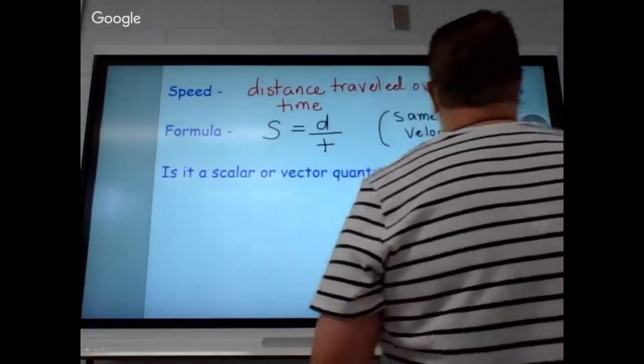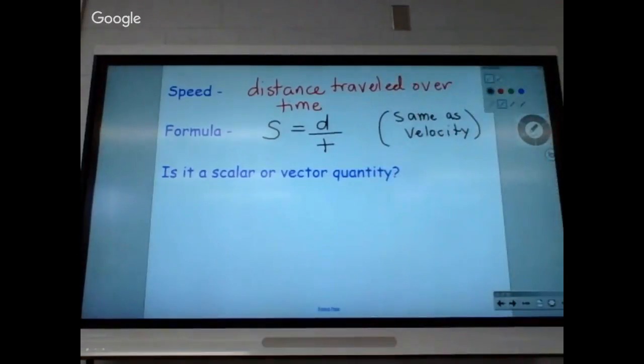So when we talk about velocity, hopefully late in class tomorrow, I will tell you that it's the same formula as velocity. Because the formulas are the same, does the state write both formulas? No. Okay? They expect you to remember the speed and velocity are the same formula. So they're not going to give you both.